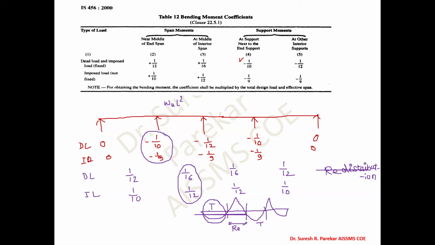Span moment already we have capacity, so section required is not more in span moment, as it is T beam and your capacity of T beam is much larger, that is around 5 to 6 times that of rectangular, and therefore we are going to redistribute it.